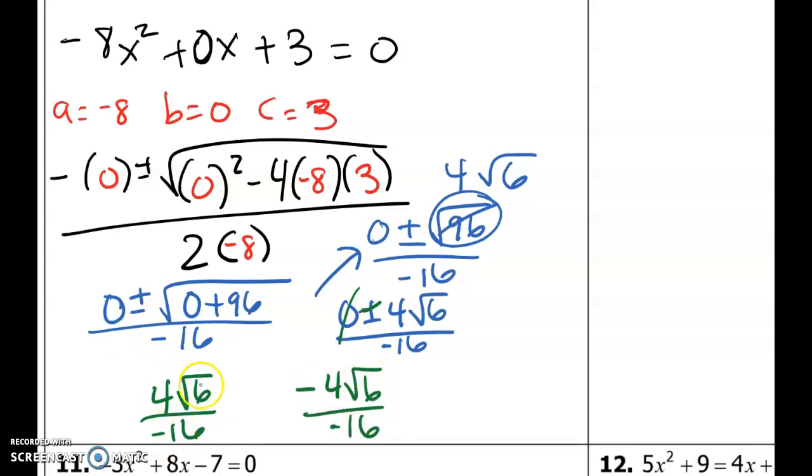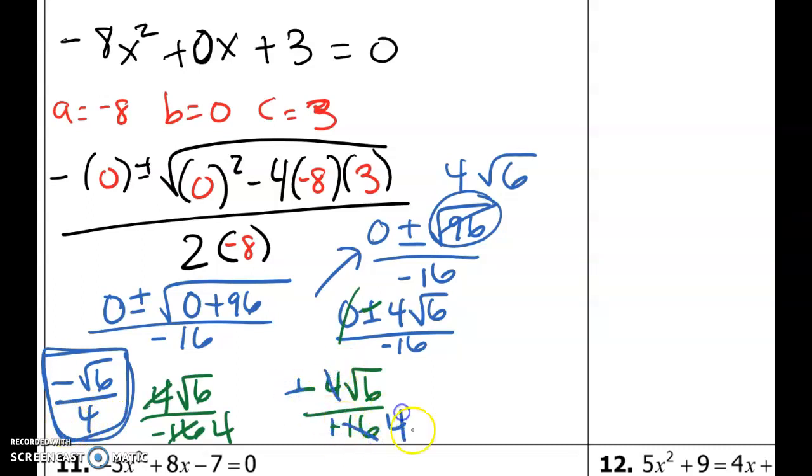So if I reduce these, 4 goes into 16 4 times. So I'm going to get my final answer of negative square root of 6 over 4. I just moved the negative to the top because I think it looks funny if we have a negative in the bottom. And here, a negative and a negative make a positive. 4 goes into 16 4 times, so I get the square root of 6 over 4.